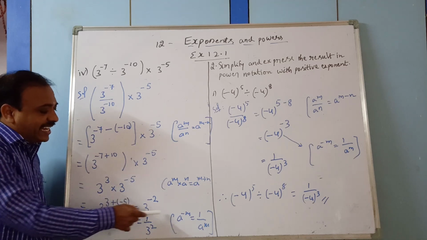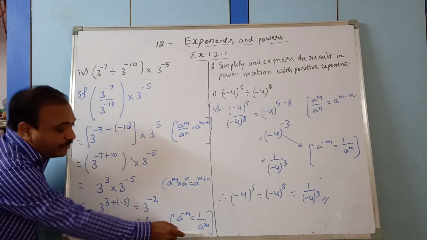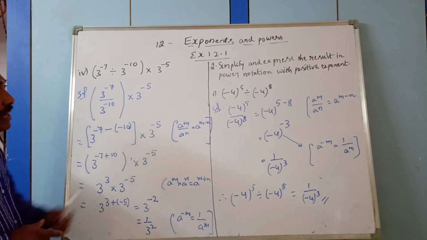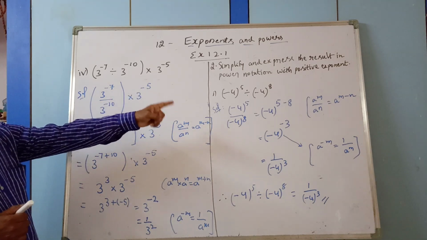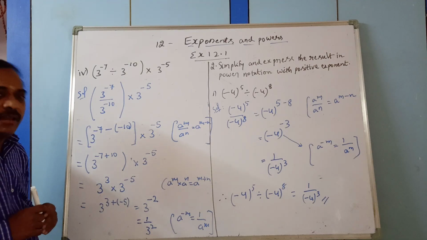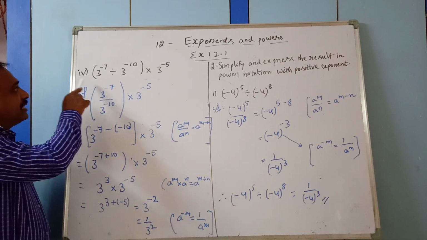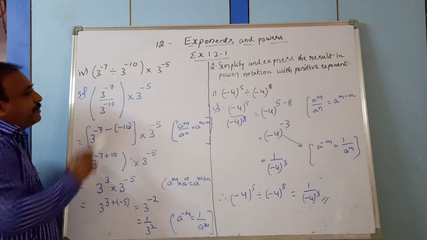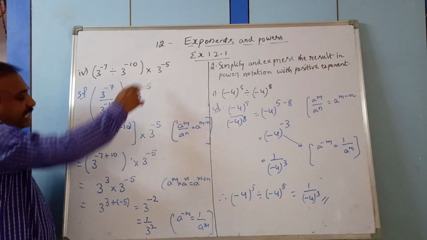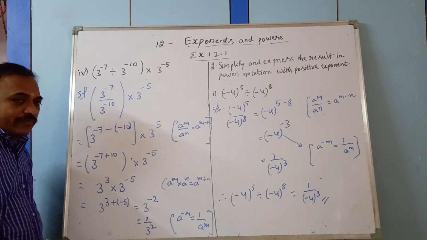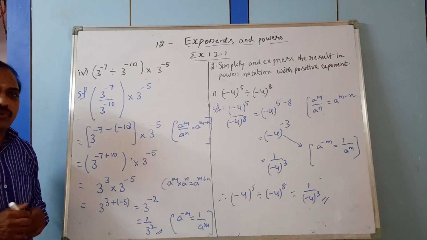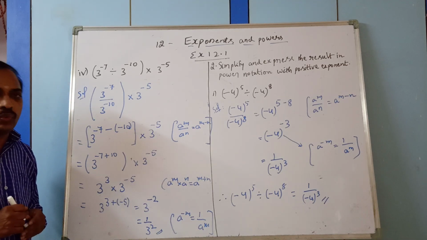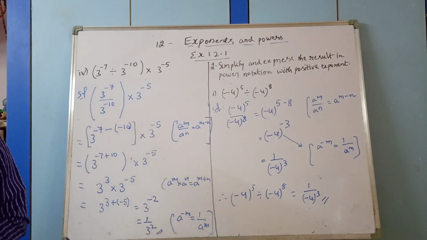This again we are writing as a power minus m in terms of 1 by a to the power m, as he is asking you to write in the positive exponential form. So therefore 3 power minus 7 divided by 3 power minus 10, into 3 power minus 5 is equal to 1 by 3 square, 1 by 3 power 2. Is it clear? Right.